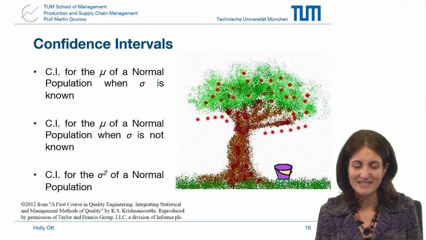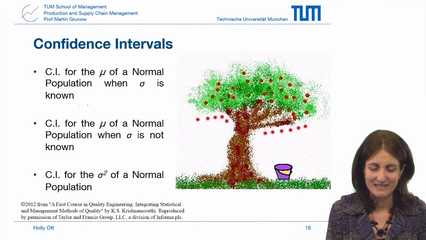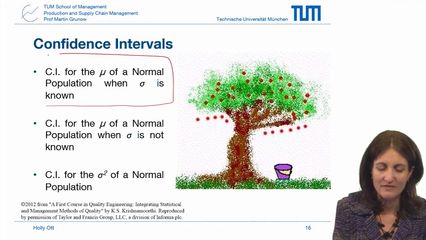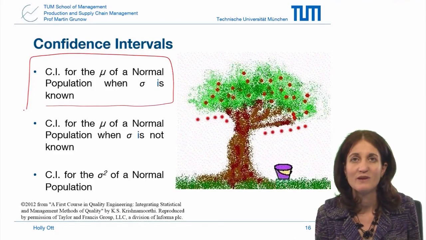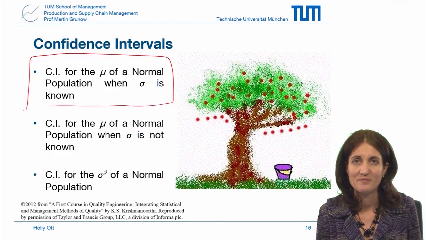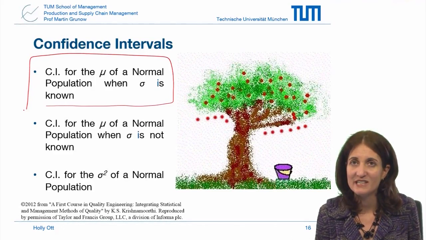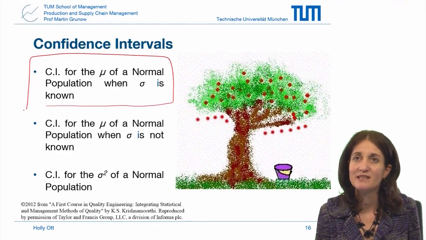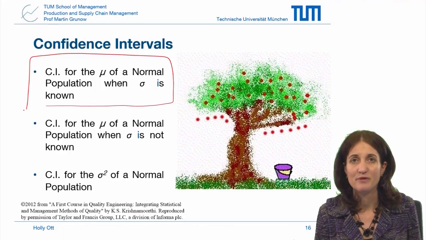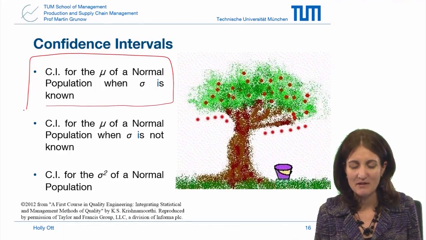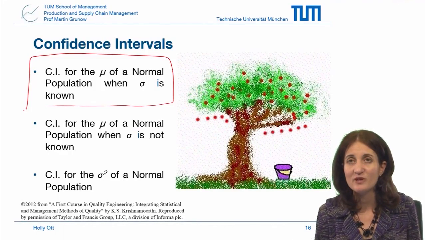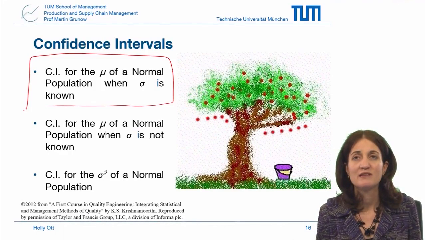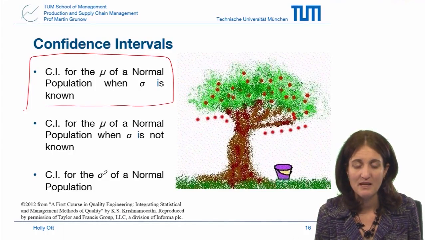Just one more point. We did this first example, the confidence interval for the mean of a normal population when sigma is known. But of course, in many cases, sigma is not known. It must be estimated using the sample. So in this case, I'd ask you to refer to our textbook. It's the same procedure, and you can see there how confidence intervals are calculated for this case.